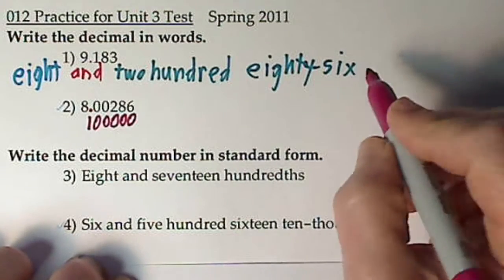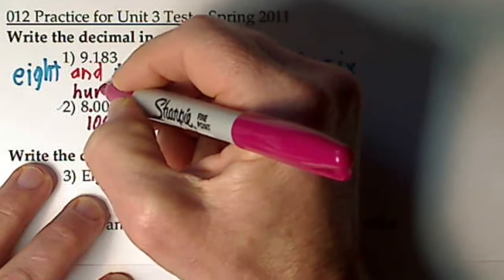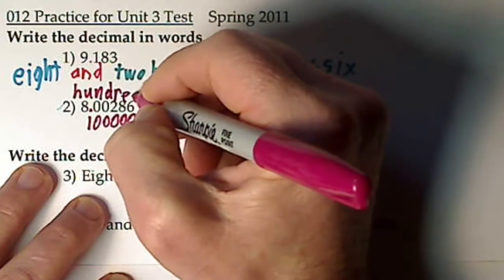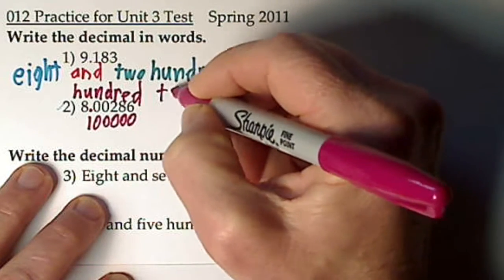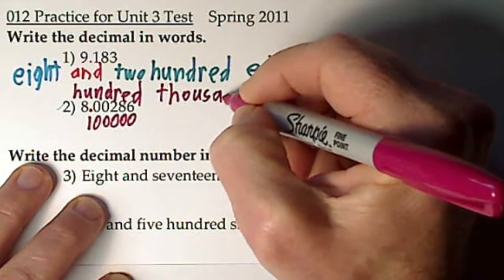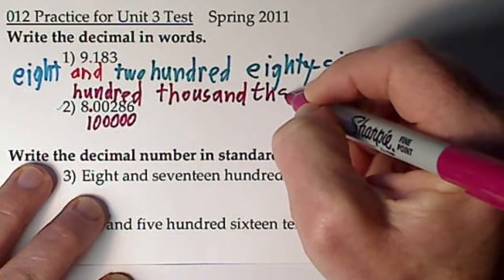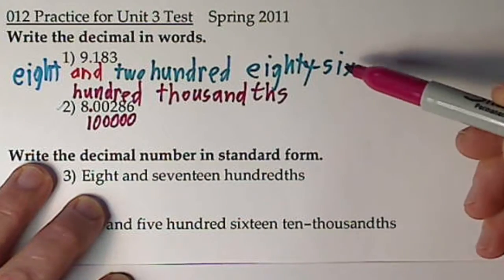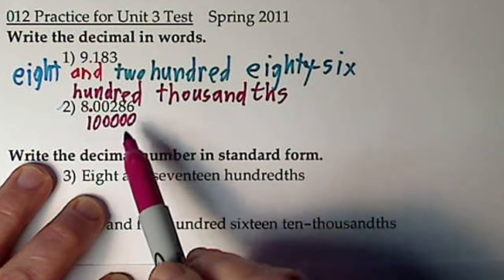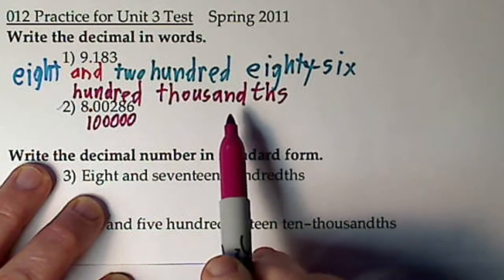So 86, I'll come back under here to write that. Hundred thousandths. All right, so these are the words that describe this decimal. 8 and 286 hundred thousandths.